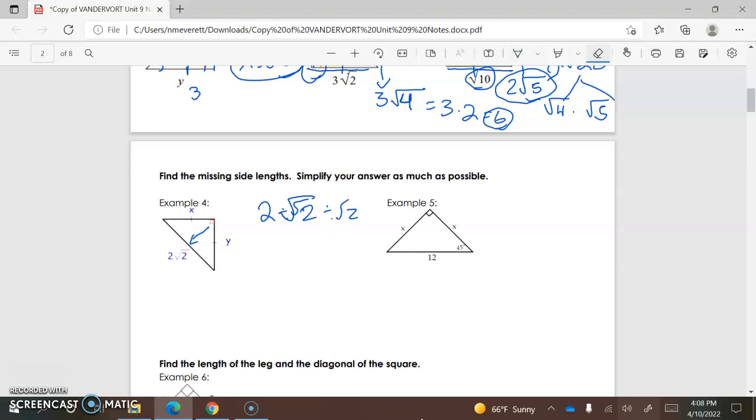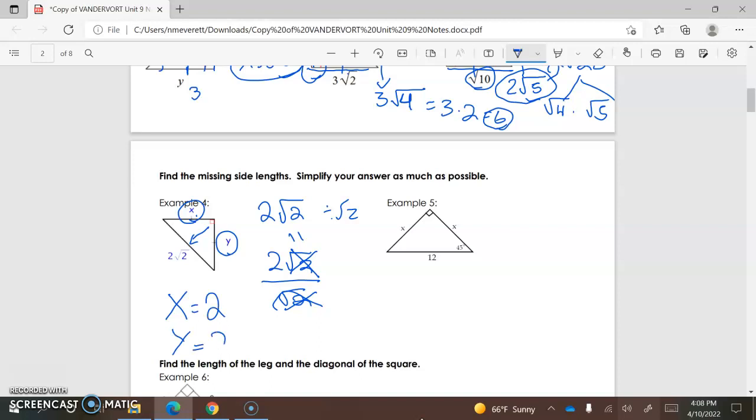I'm going to erase this actually real quick. And again, I could also write that as 2 square root of 2 over square root of 2. And if I look here, square root of 2 on top, square root of 2 on bottom. Those are going to cancel out. So all you're left with for both y and x, because again, these two are going to be the exact same things, is x equals 2 and y equals 2. Okay?